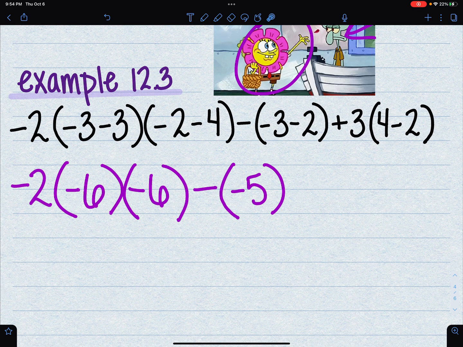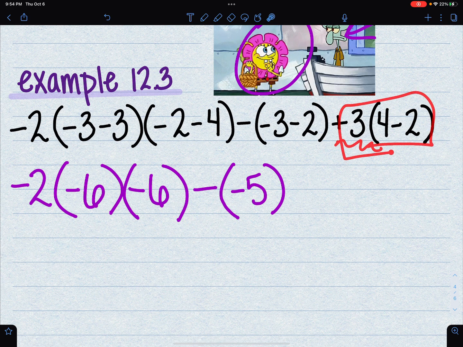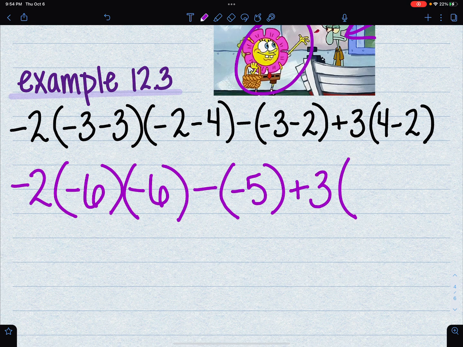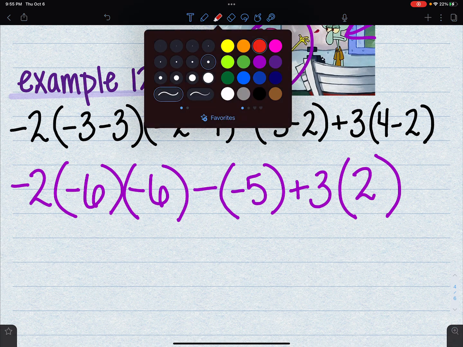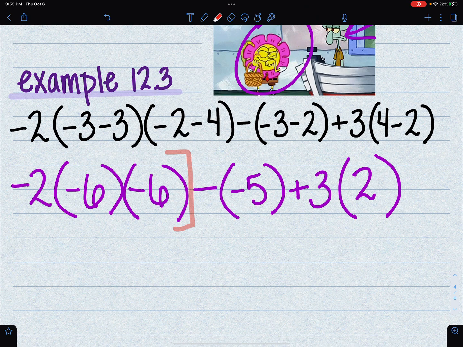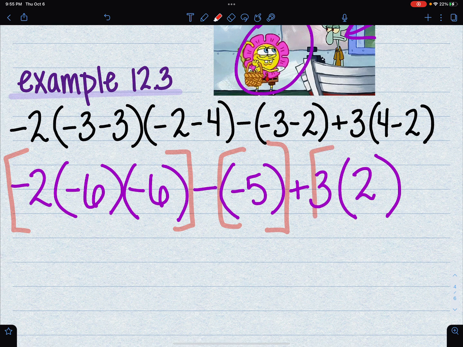I'm tempted to do that all in one go, but I'm not. I'm just going to bring down that 3 and simplify the parentheses. 4 minus 2 is 2. Bam. Easy. All right. Now I can see that I have 3 terms. This is a term, and this is one, and this is one.